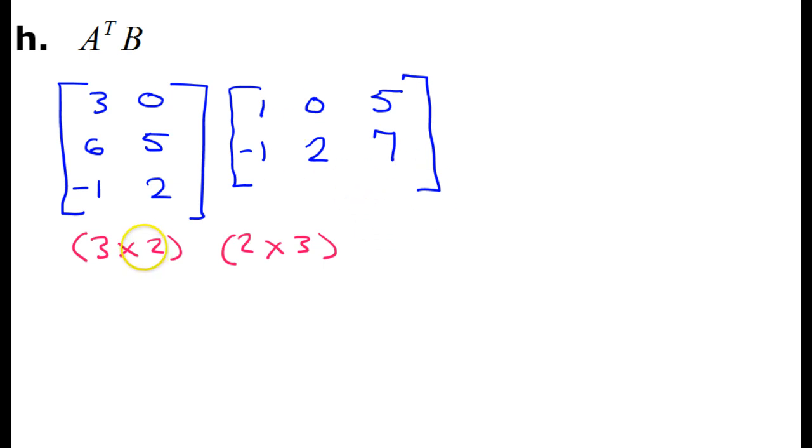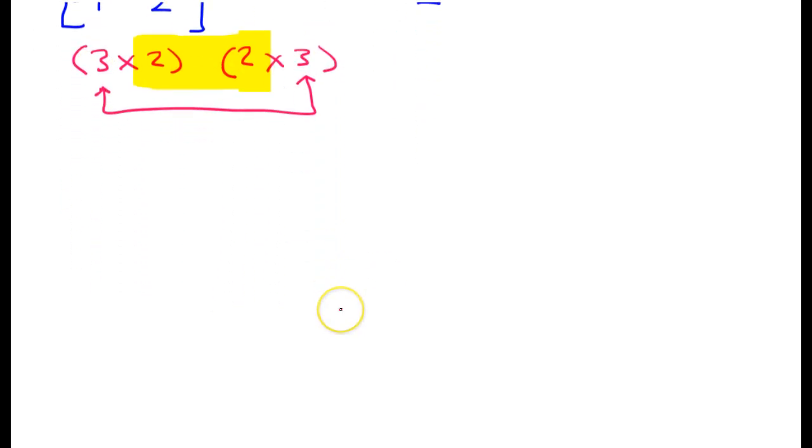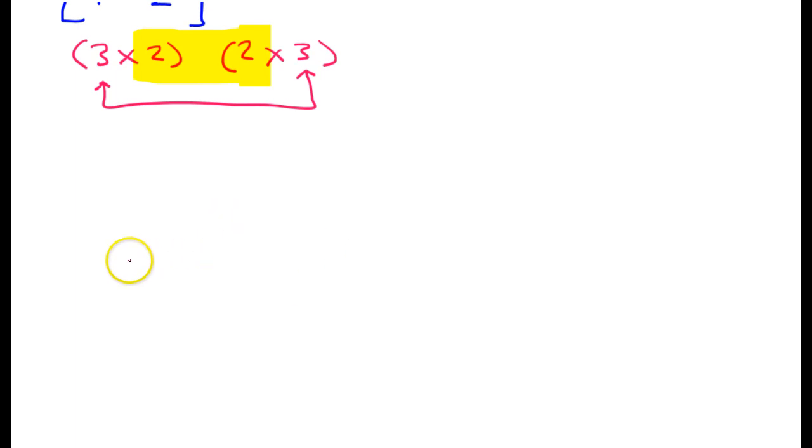This is going to be possible because the inner dimensions are the same, and the dimensions of our product, our final answer, will be a 3 by 3 matrix. We can tell because of the outer dimensions here. So since the dimensions will be 3 by 3, that tells us that we need to set up a giant 3 by 3 matrix. So that's what I'm going to do right now. I'm going to set up a great big 3 by 3 matrix.